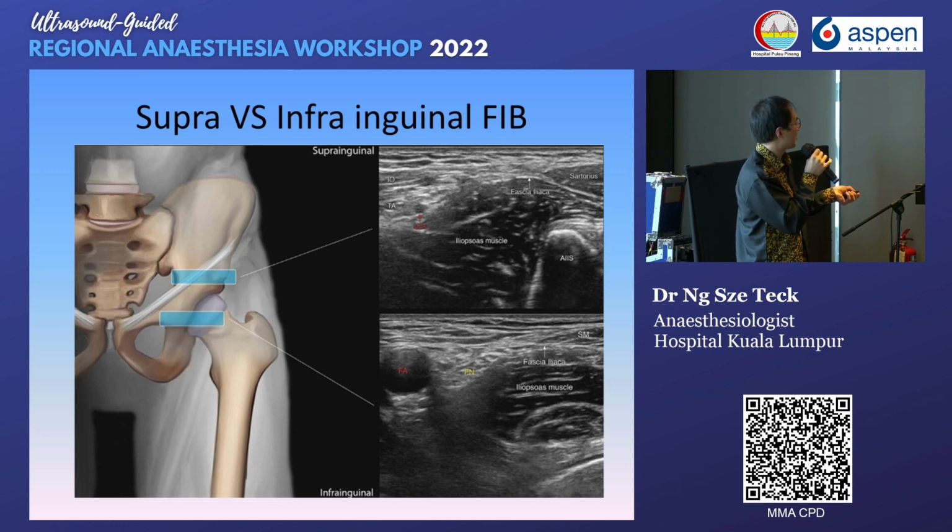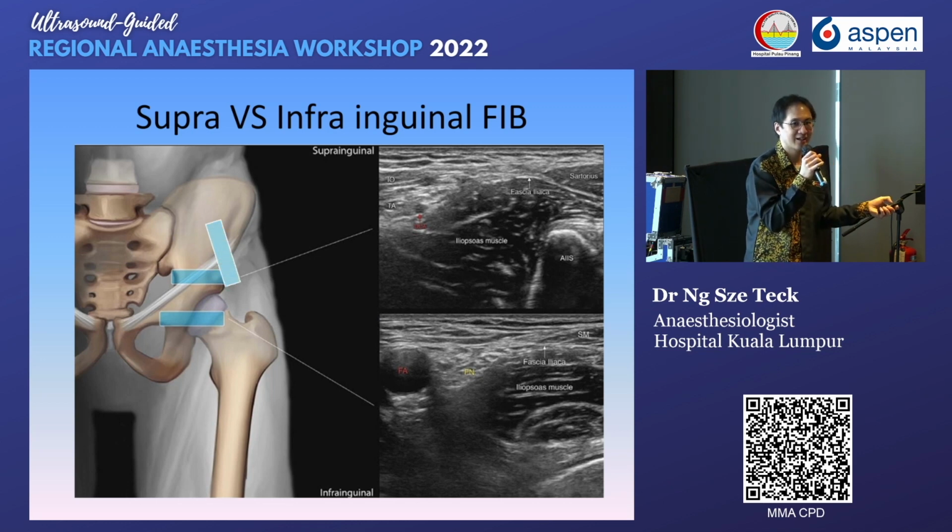Okay, that's the infrainguinal. Then you do the suprainguinal one. They just move the probe above the inguinal ligament and rotate it slightly. Then you get this suprainguinal view, the bow tie sign, with one part of the bow tie being the sartorius, and the other part being the internal oblique and transverse abdominis muscle.